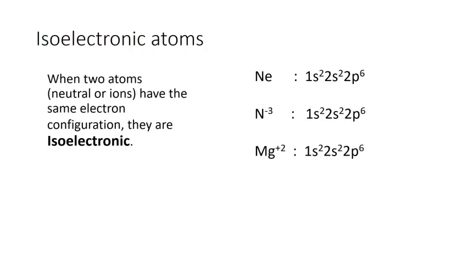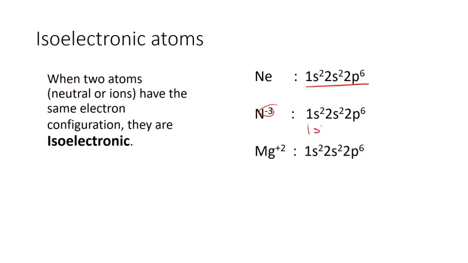So the other thing with electron configurations, we can look at something called isoelectronic atoms. Isoelectronic is when two atoms, neutral or ions, have the same electron configuration. That means they are isoelectronic. Now for this, this is neon's electron configuration. But then we have a nitride ion, -3, which means that we have added 3 electrons.